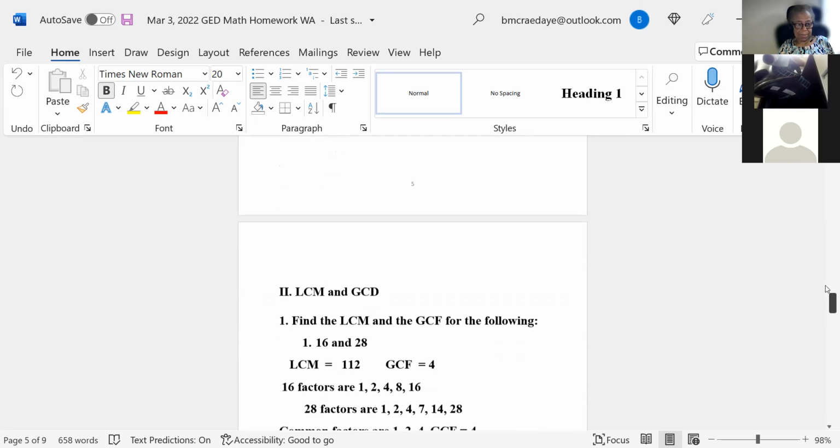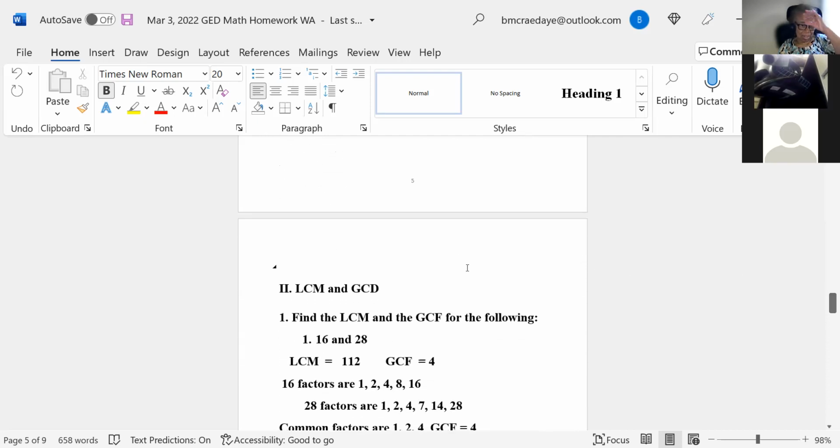All right. Now let's find our LCM, lowest common multiple, and the greatest common factor for these numbers. First you get the factors, and then you say which ones are in common, and then which is greater.